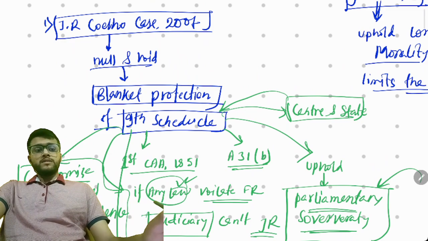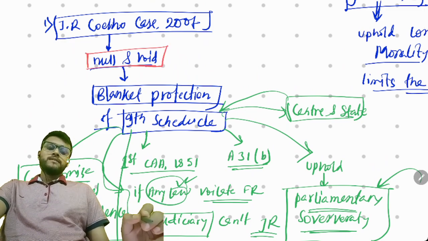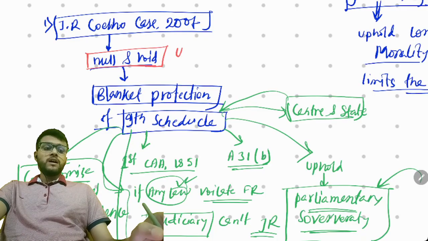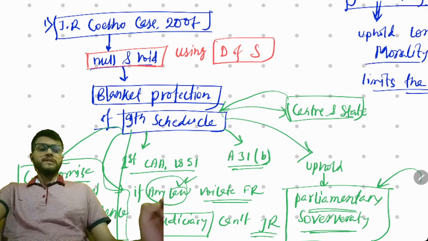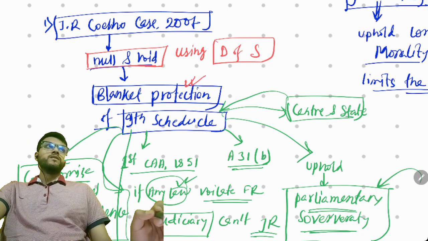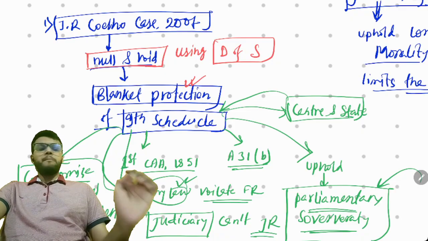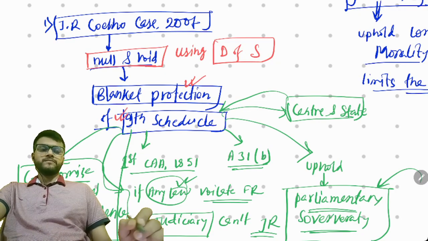The Ayer Coelho case says that using the doctrine of severability, blanket protection will not apply in the ninth schedule.